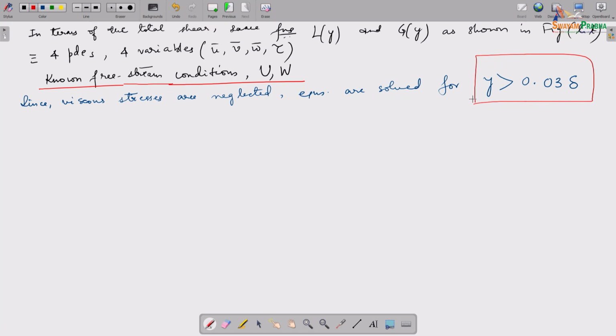About 3% of the boundary layer is the viscous sublayer, and we are not going to be considering that since viscous stresses have been neglected.